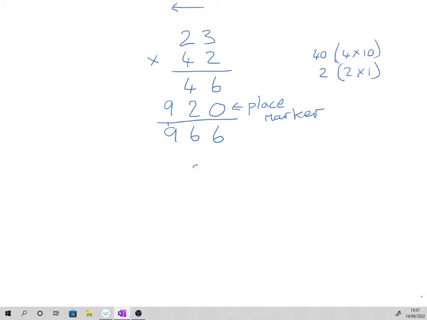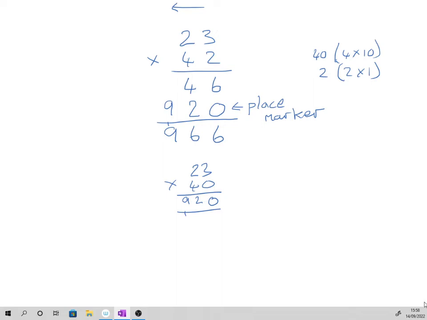If you had 23 times 40, there's nothing in there to multiply, so we move straight on to the 4. Place marker, 4 3s are 12, and 4 2s are 8, plus 1 is 9. So if there's nothing in that column, move along to the next one, and it's much easier.